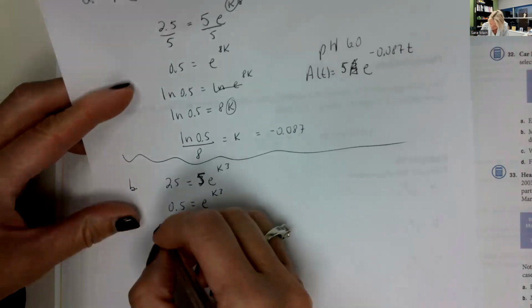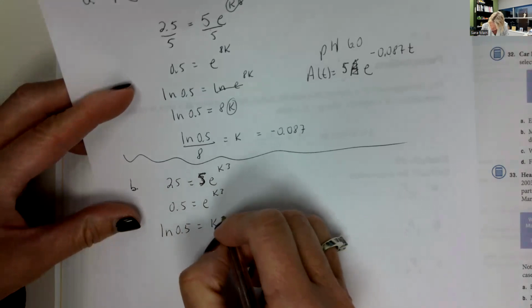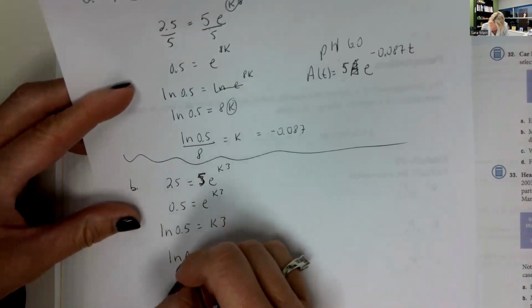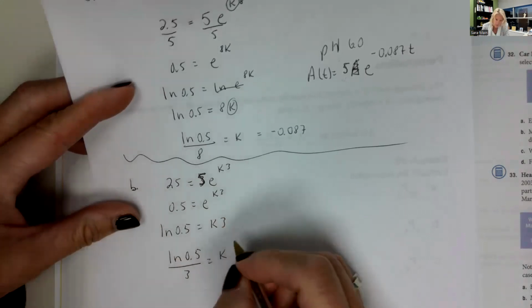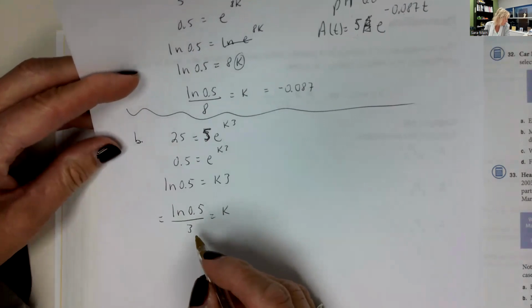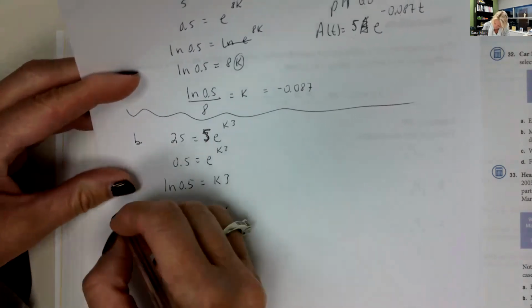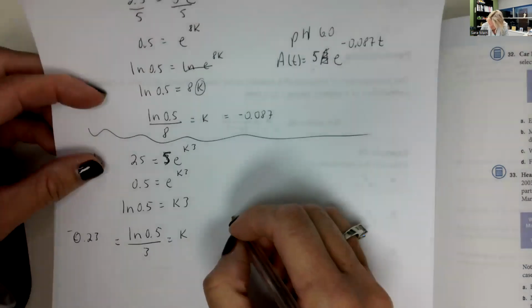Again, if I take the natural log of both sides and divide by 3, then my k for this situation equals negative 0.23.